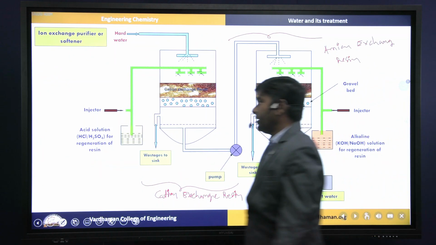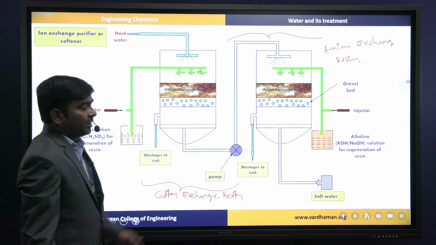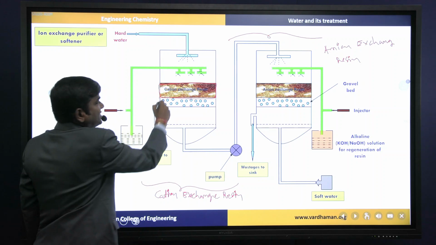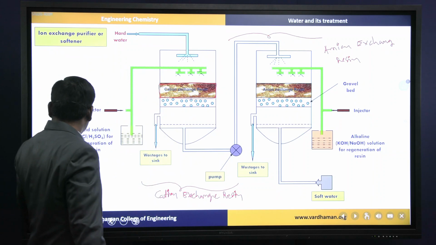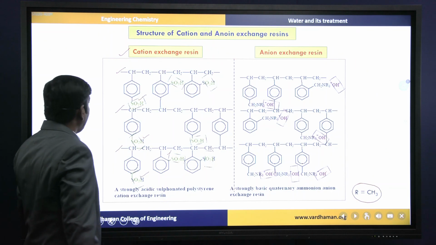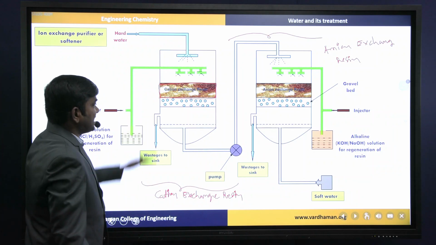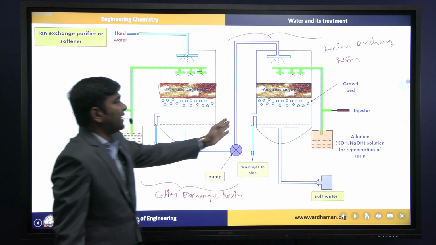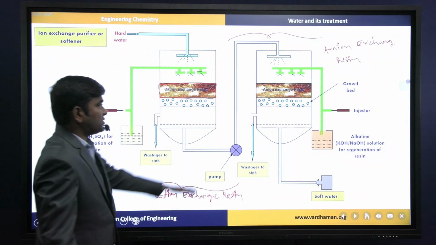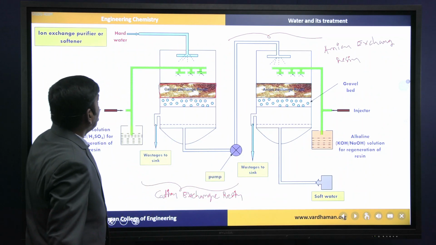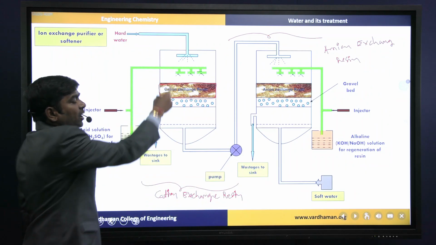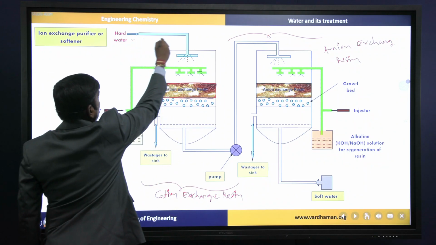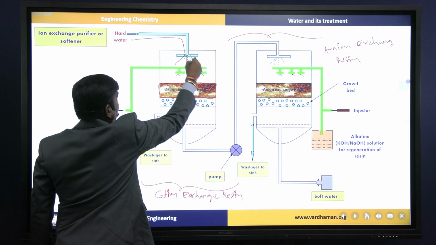In the cation exchange chamber, a resin bed is there, which has very fine pores, as we discussed. In the anion exchange chamber also a resin bed is there. First we have to supply hard water, so here we are supplying hard water.